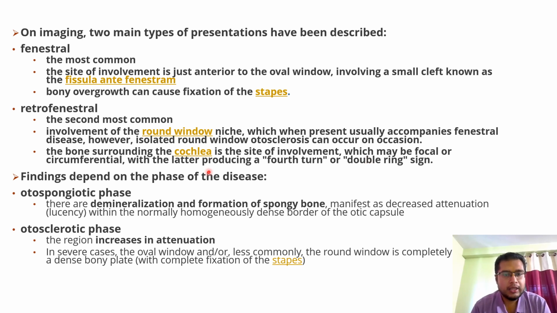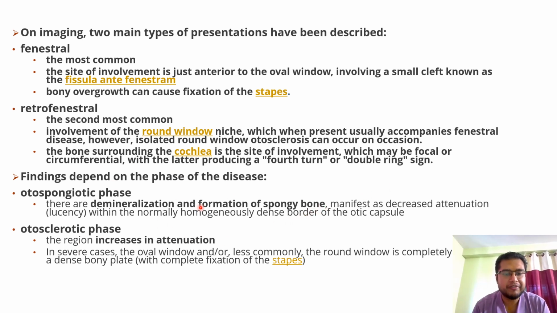of the cochlea. Then the findings depend on the phase, that is otospongiotic phase or otosclerotic phase. If the disease is in the otospongiotic phase, we get demineralization and formation of spongy bone, what we saw in our case. And the most common presentation is otospongiotic phase only, where we see demineralization and hypodense or lucent area in the otic capsule.